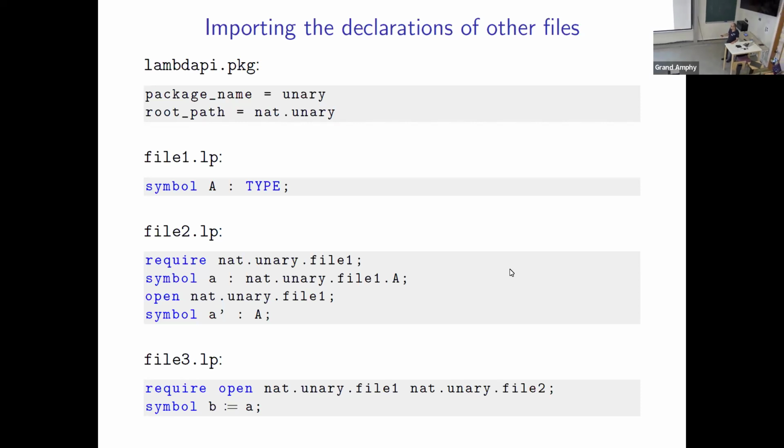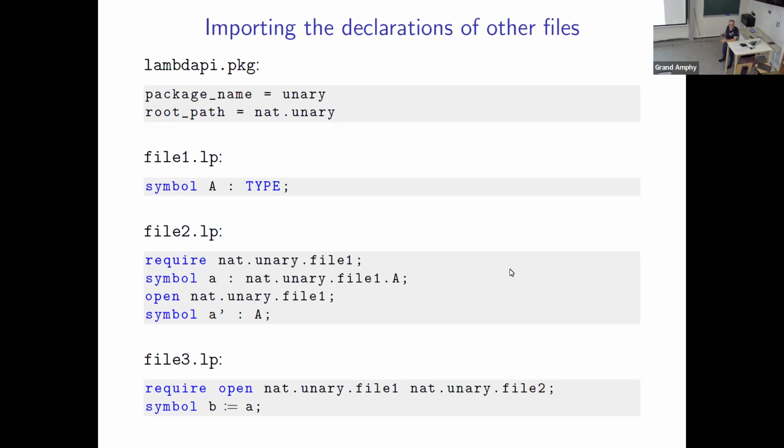And as in many other languages, you can require some definitions that are in some other files, with the require keyword. But you need to prefix by your root path. So for instance, if you define your root path as nat.unary, then you need to prefix everything by this root path, unless you use the open keyword.